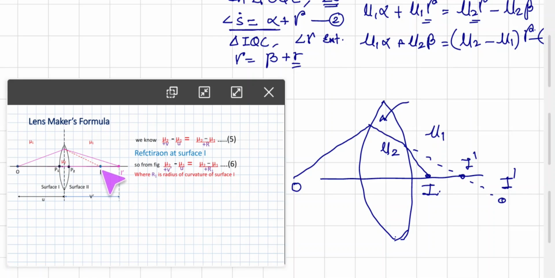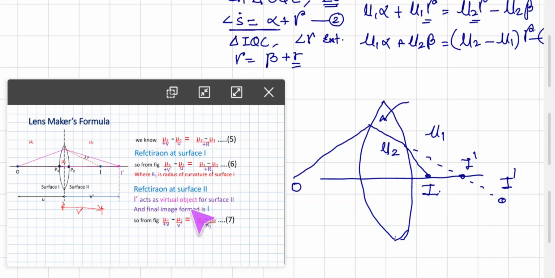The final image is formed at I, and this I is formed at distance V. So here you need to remember that it is I dash, distance is V dash, and the final image is at I having image distance V. Now for refraction at the second surface, I dash acts as a virtual object for the second surface and the final image formed is I.